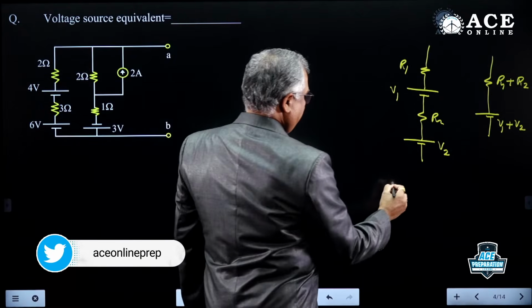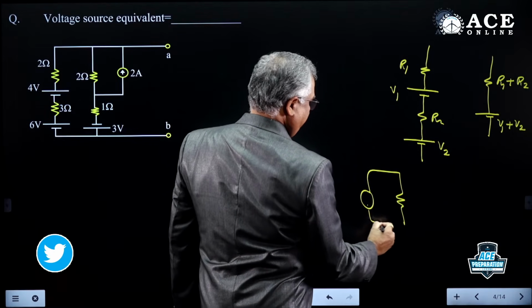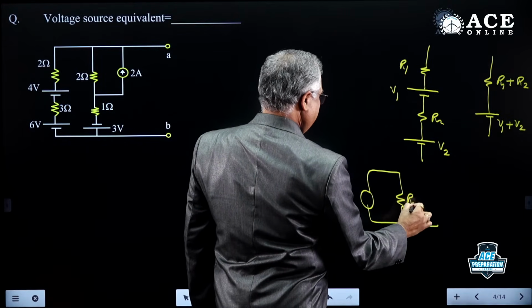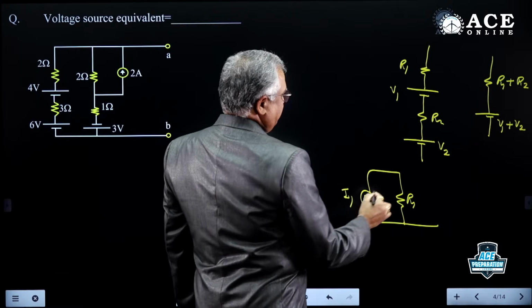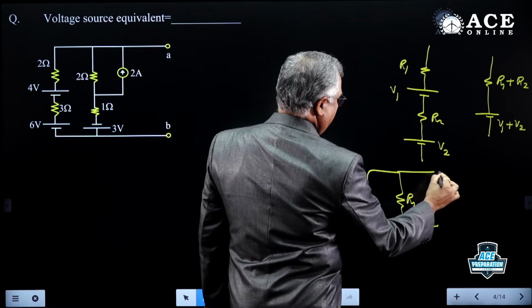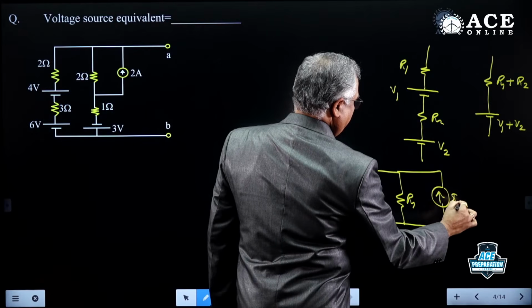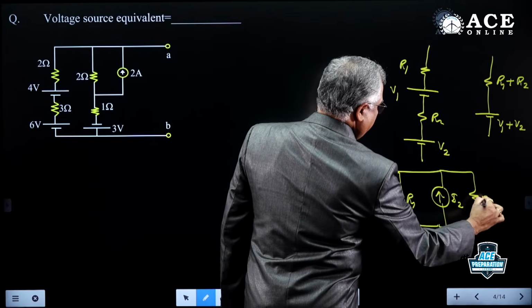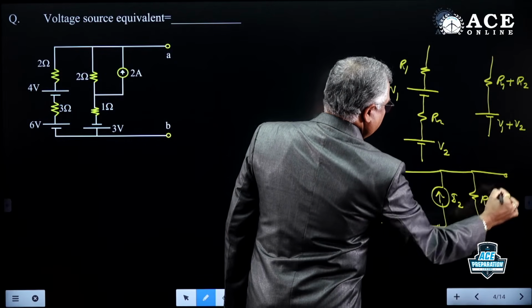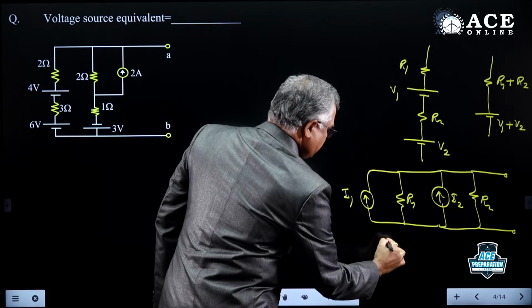The same way, two current sources in parallel. This is one current source, R1, with a current of I1. This current source is in parallel with another current source, I2, with R2. So two current sources in parallel, we can add them. What is the resultant?